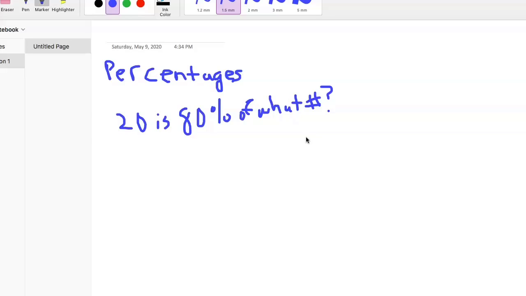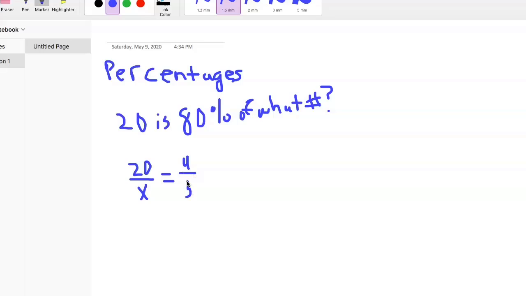If that doesn't make sense, we'll just go into the math. So your first thought is 80%. We have 20, that's what we start with, over some number that we don't know, X. It equals 80% of this number X. And 80% can be written as 4 over 5, since 4 divided by 5 is 80%.